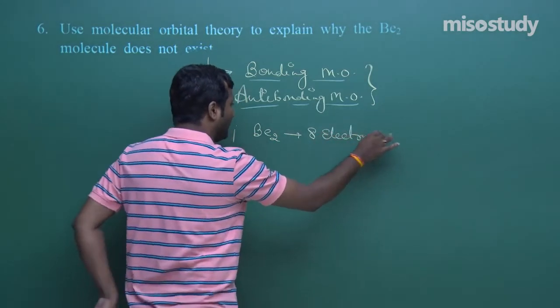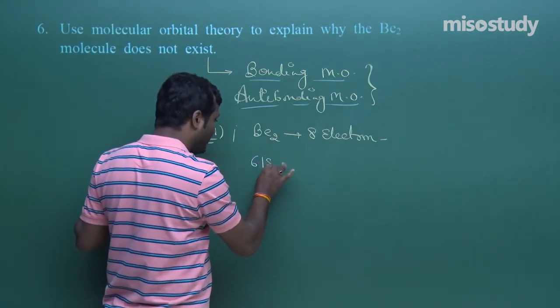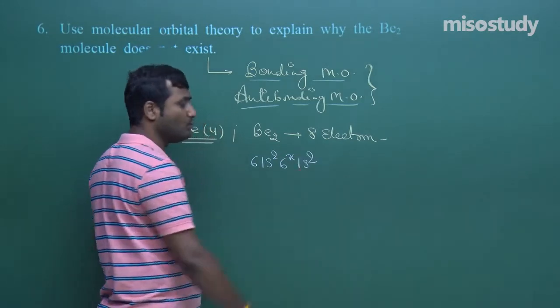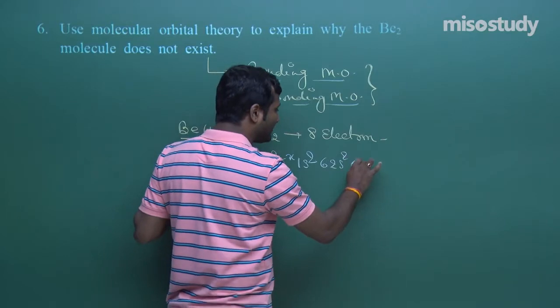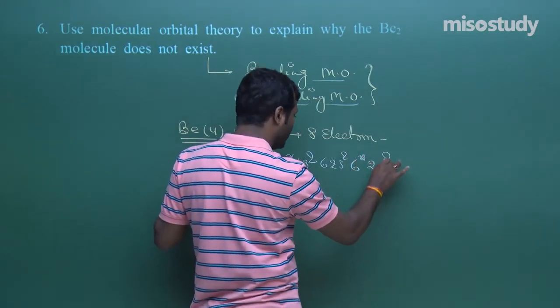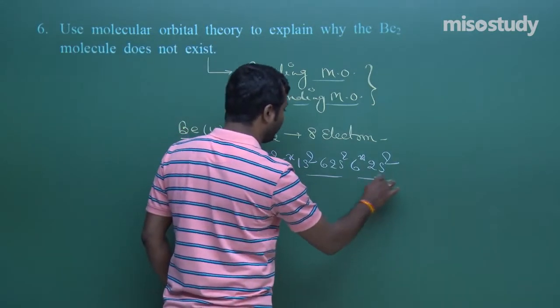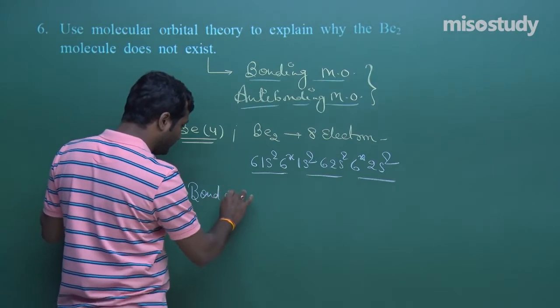Clear to you? Now start filling in this case: sigma 1s2, sigma star 1s2, sigma 2s2 and sigma star 2s2. Clear? Now this is the electronic configuration. Now find the bond order in this case.